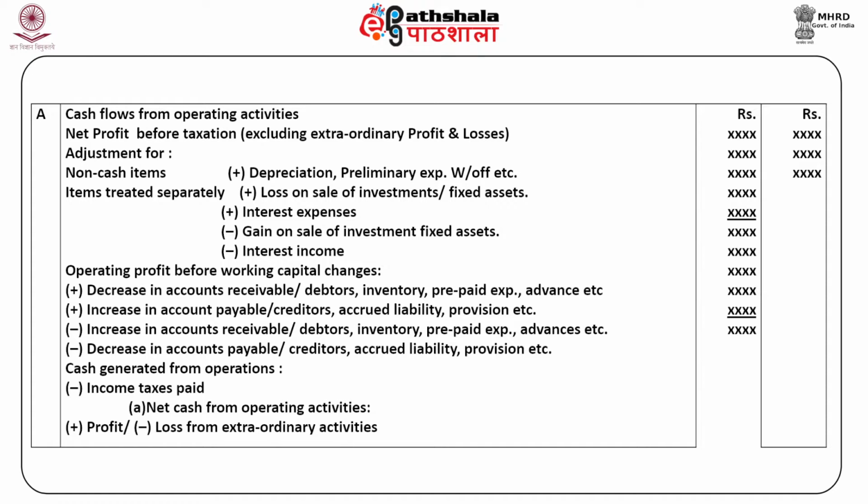To this, you have to add decrease in accounts receivables, debtors, inventory, prepaid expenses, advances, etc., plus increase in accounts payable, creditors, accrued liability, provision, etc., minus increase in accounts receivables, debtors, inventory, prepaid expenses, advances, etc., minus decrease in accounts payable, creditors, accrued liability, provision, etc. This gives cash generated from operations.